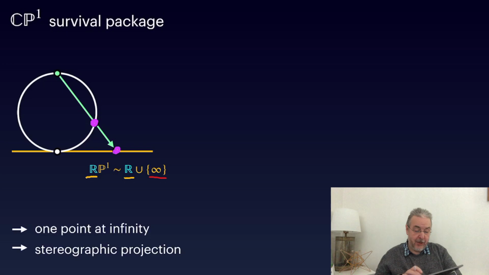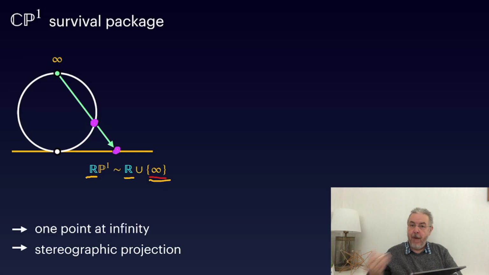There is one special point, the projection point itself, that plays a special role because it is not hit by any point from the line, but it plays the role of the point at infinity, because if you move this point far out here, the corresponding projection will more and more approach this point at infinity, and so you see a kind of natural picture of the projective line on the circle with even the point at infinity.